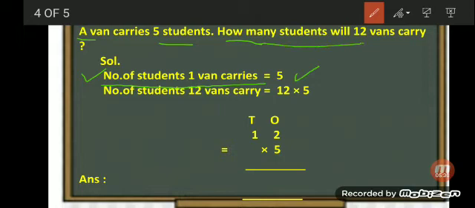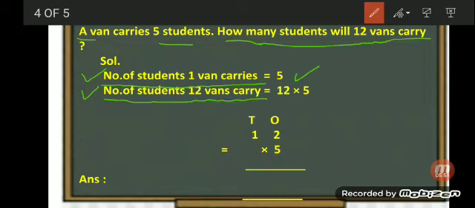How many students will 12 vans carry? Now we have to find out how many students can be carried by 12 vans. So this will be statement number 2 because we have to find it out. So how will you write? Number of students 12 vans carry.